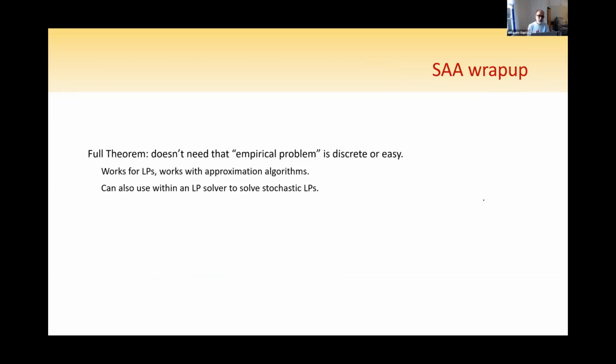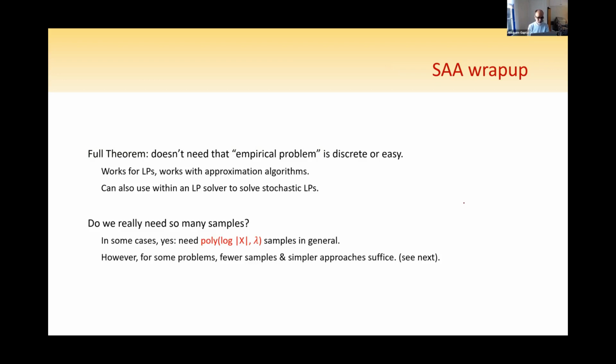The full theorem also holds for linear programs, of course. So you can use it for stochastic linear programming as well. And do you need so many samples? So each of these terms, really, you do need them. But on a problem by problem basis, you might not need them. There are some problems on which you do, some problems on which you don't.